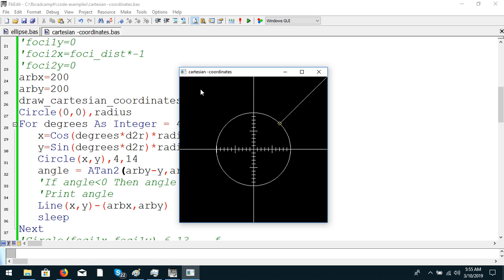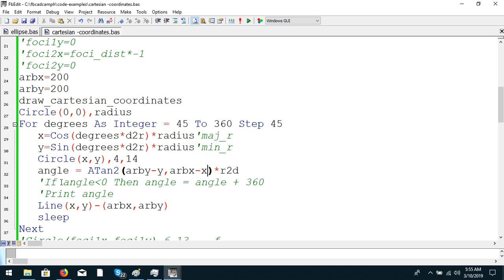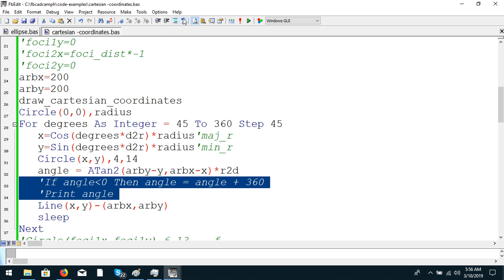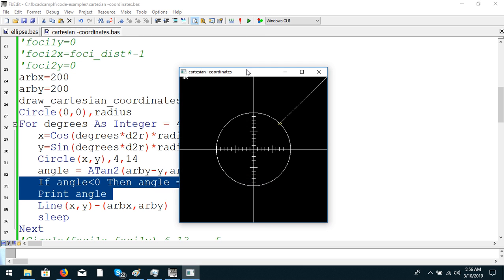Okay, so nothing, huh? Oh, okay. For some reason I didn't print it. Okay. Oh, let me uncomment these things. Now let's see. Alright, so the angle from here to there, that makes sense. That is 45 degrees.